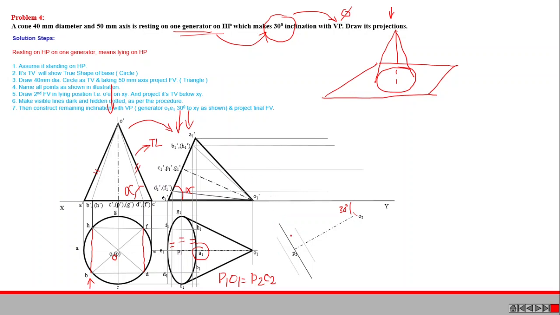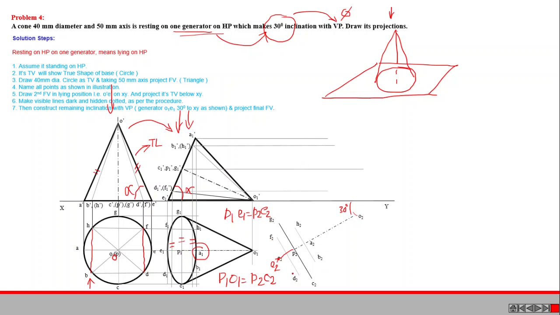Then we can locate all the points, then we can locate P1 E1 on this particular line, P2 E2 like this. Here P1 E1 must be equal to P2 E2. Then these are the points.